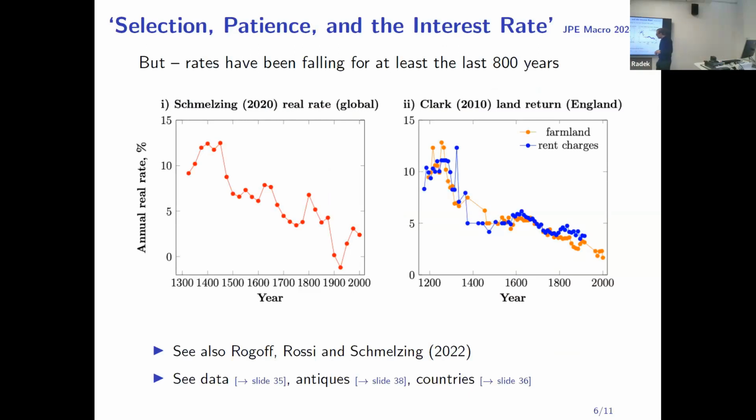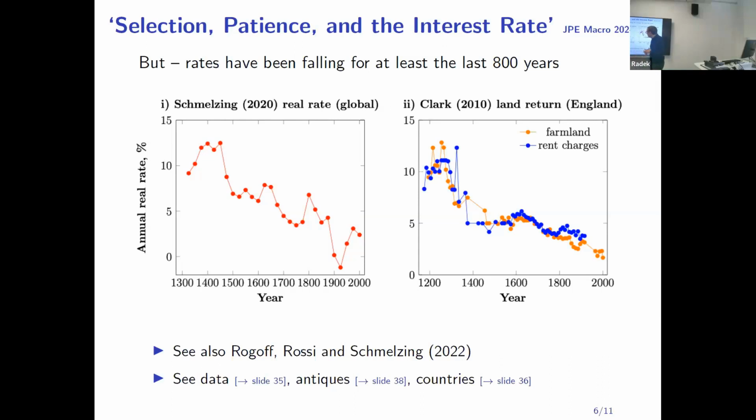You can also look at the associated paper with Rogoff and Schmelzing, which shows that this decline has been smooth. There haven't been jumps, even with the Black Death, various invasions and wars. These things didn't seem to have very long-lasting effects. And of course, this is some concatenation of the safest assets available at a given point in time in the world.